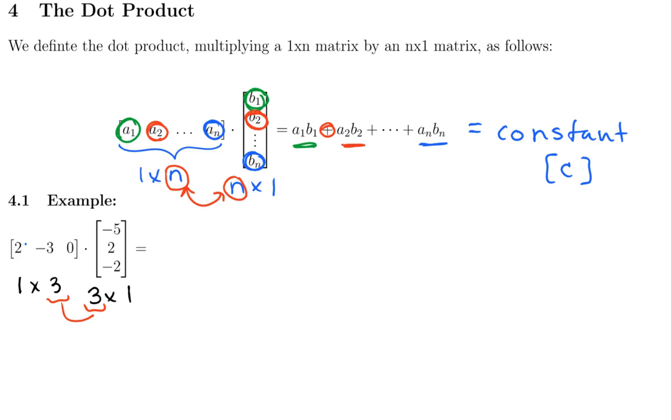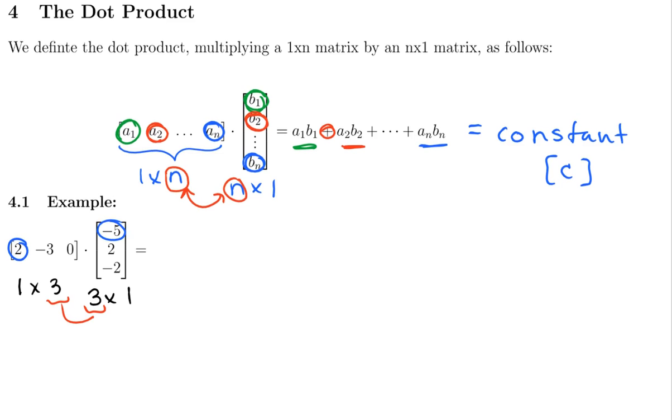If we take the first entry from the row and the first entry from the column, we have 2 times negative 5 plus, and then now we move on to the second entry. So the second entry from the row and the second entry from the column. So we have negative 3 times 2 plus, and now we're on the final entry. We have a 0 from the row and a negative 2 from the column. So plus 0 times negative 2.